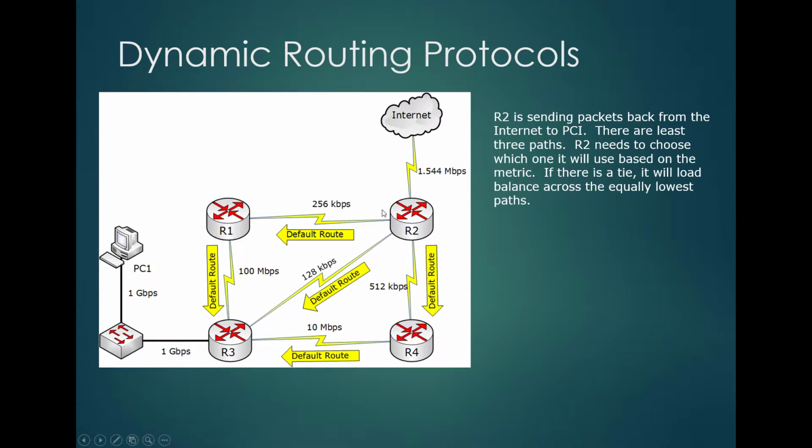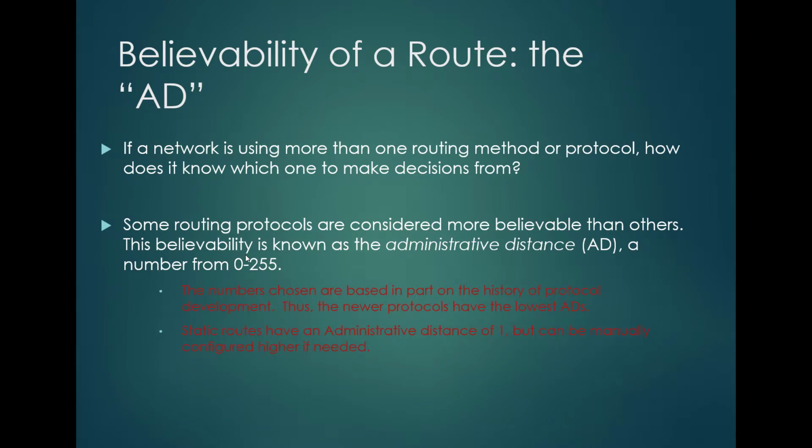Maybe going this way would be faster, because overall, if you're going to 56K, here you have 512, so this may be an overall better route. These decisions are going to be made based on all the different metrics that the routing protocol is going to have. So we can use more than one routing protocol to make our decisions. Not a big problem.